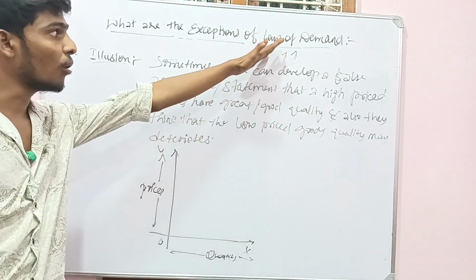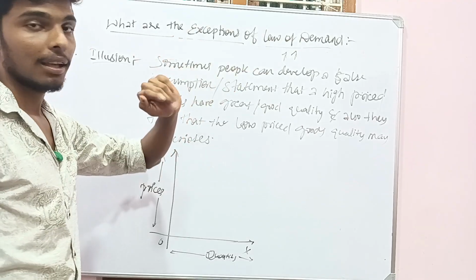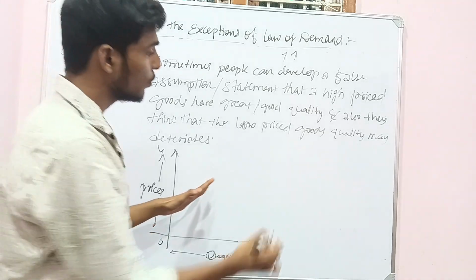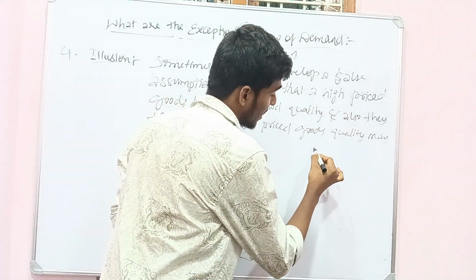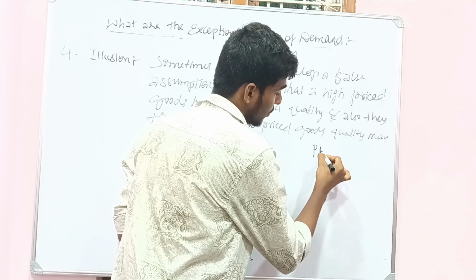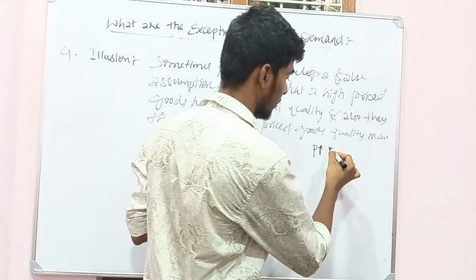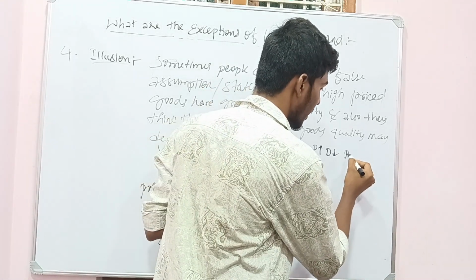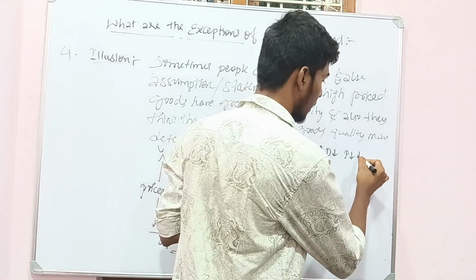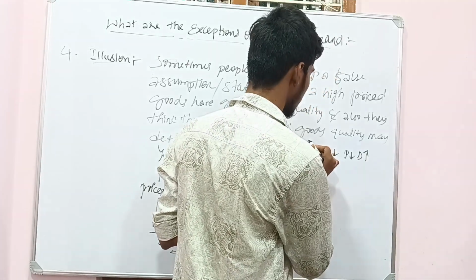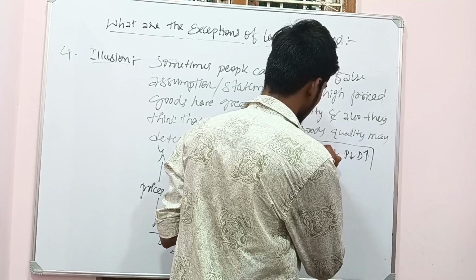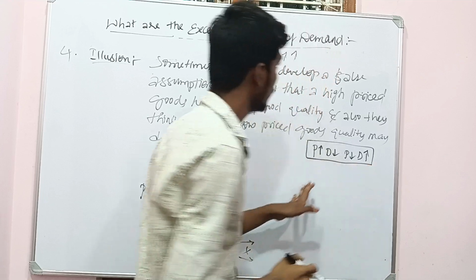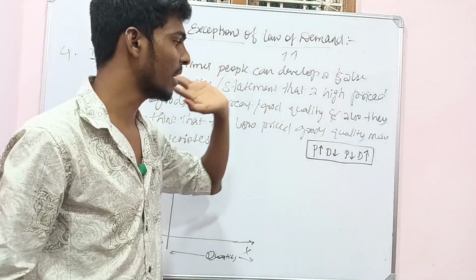In case of the normal law of demand, the rule is that if the prices of the goods increase, the demand for goods decreases. If the prices decrease, the demand should increase. It is the normal rule in case of the law of demand.